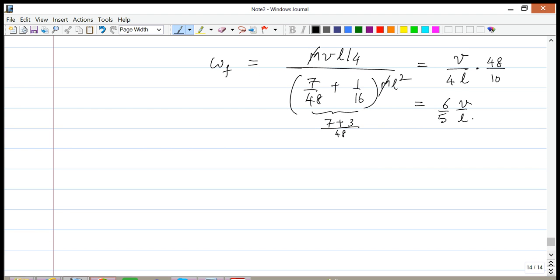Okay, now we can find the amount of energy lost in the collision also, so that could be part 3, delta KE, energy loss.